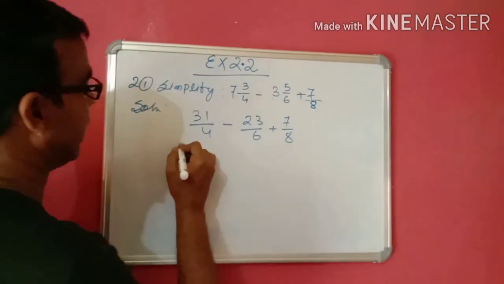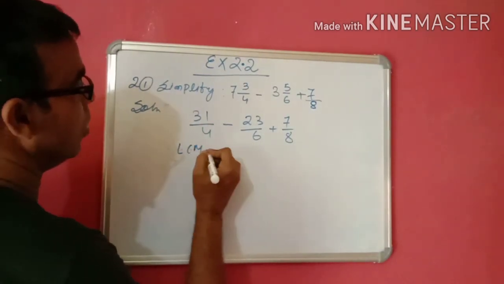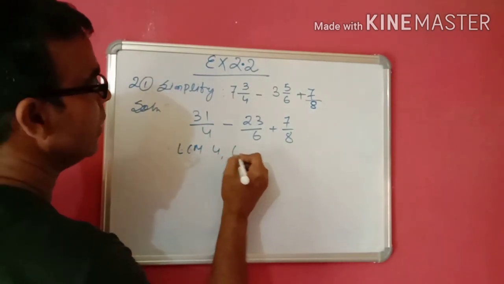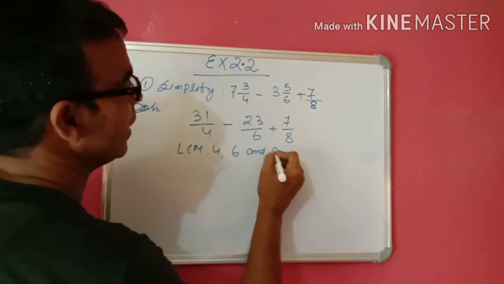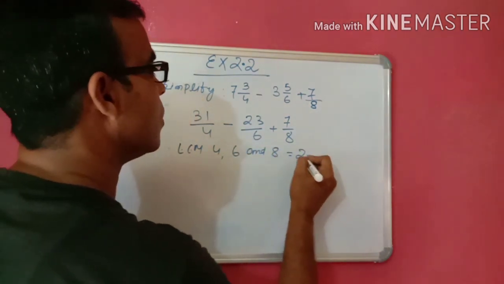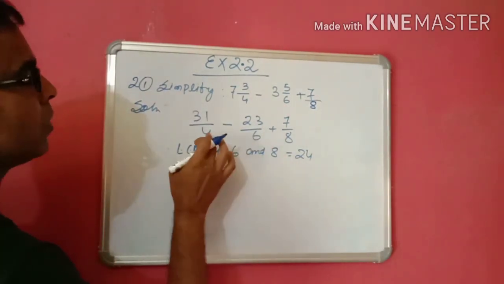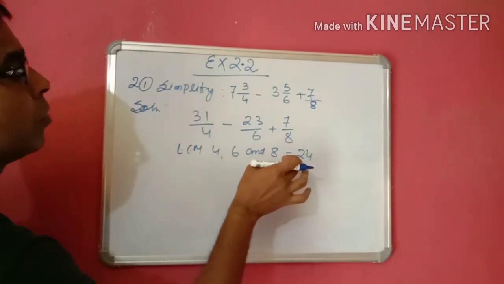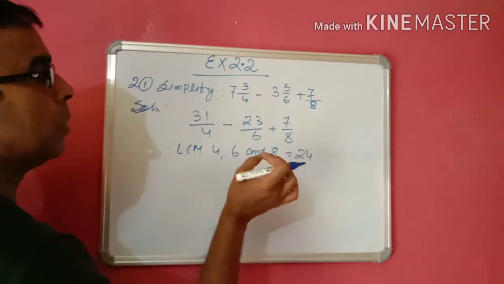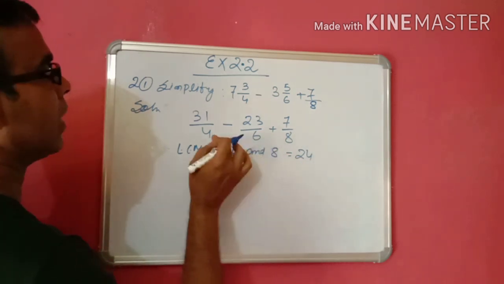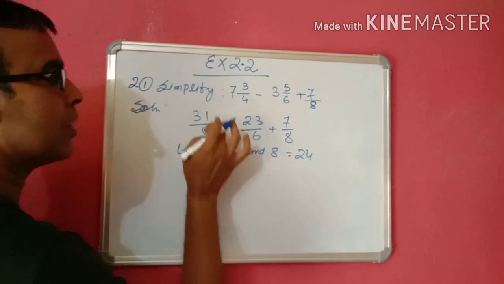Now take LCM. LCM of 4, 6 and 8 will be 24. As we know, if LCM is 24, we divide it by the denominator, and whatever number comes after dividing, that number will multiply with the numerator.